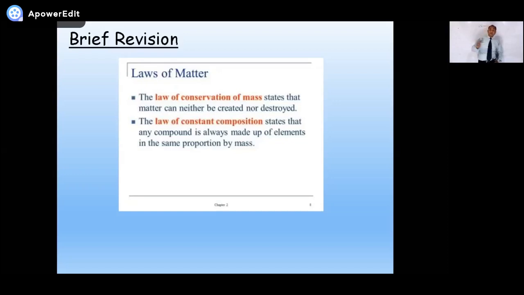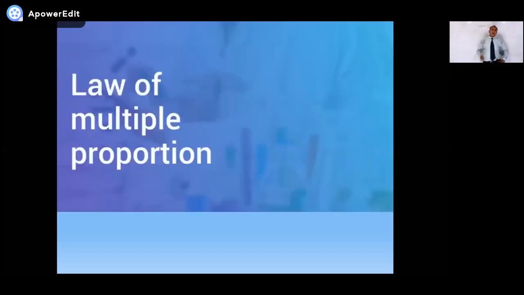If there is something else, it will not be water. It will be different. Like I gave you an example, H2O2, it's not water, it's hydrogen peroxide. So these were the 2 laws that we covered before. Now today's topic is the law of multiple proportion.